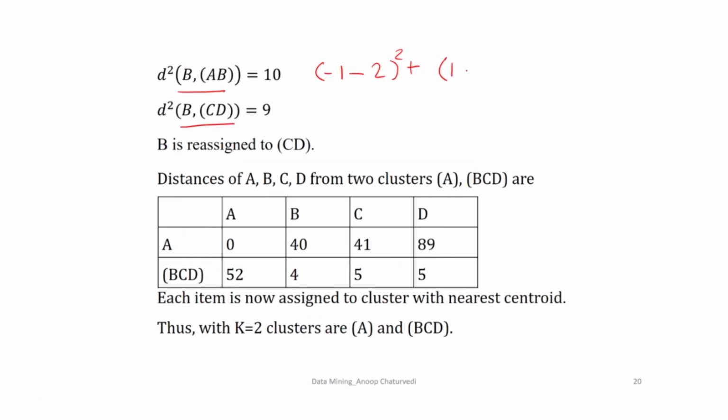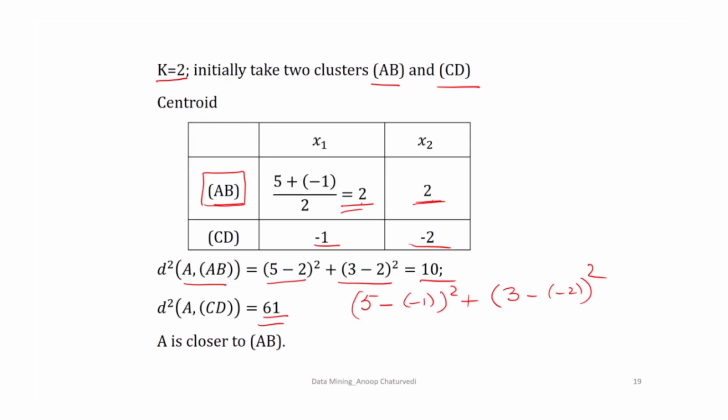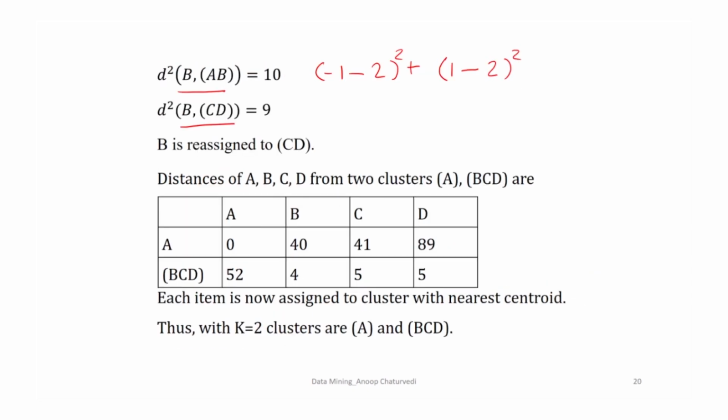So, 1 minus, and corresponding to AB it is 2. So, ultimately you get 10. Then we calculate the distance of B to CD and you get the distance 9. So, B is closer to CD than to AB. Now, we reassign B to CD.